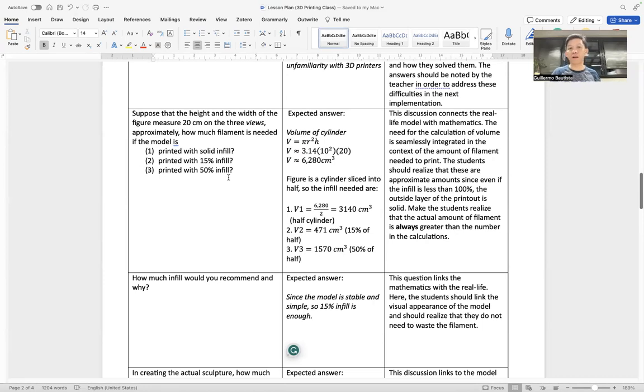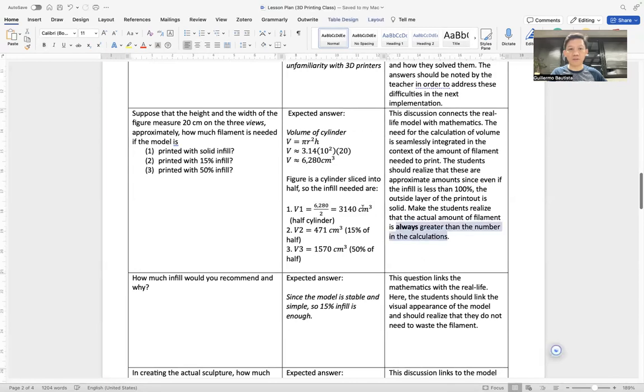Here, the students need to compute the volume because they have to know how much filament they will need in printing the model. Of course, these are all approximations because, for example, in the 15% infill, it's probably not really 15%, maybe very close to 15%. And also we have to consider the exterior of the model, which is always solid. So for some centimeters, it's solid. So it's not always exact.